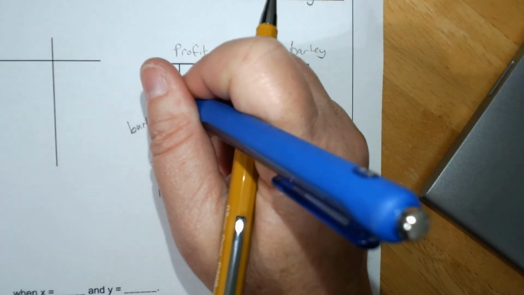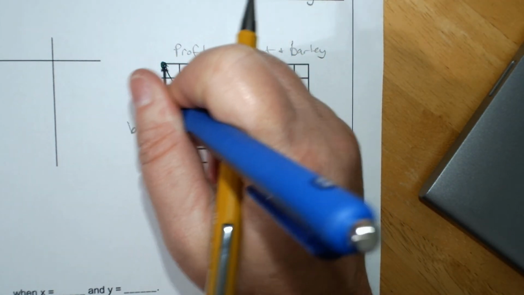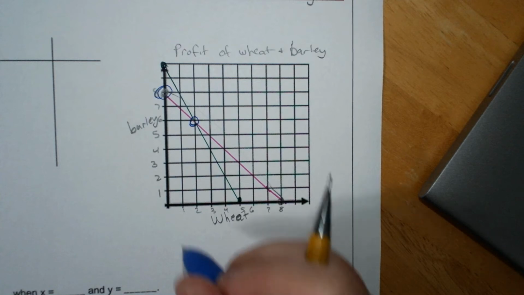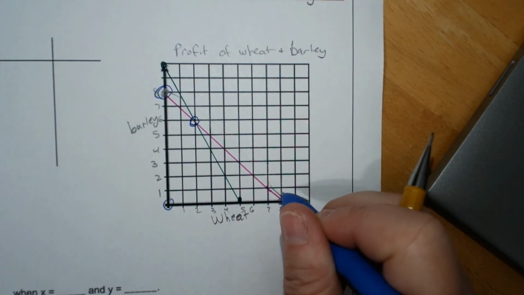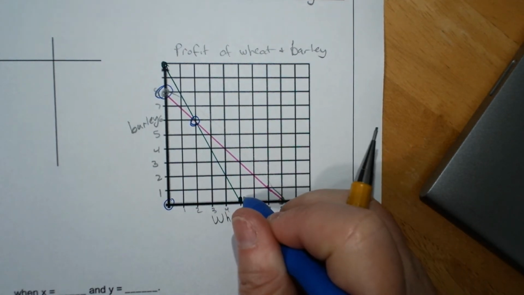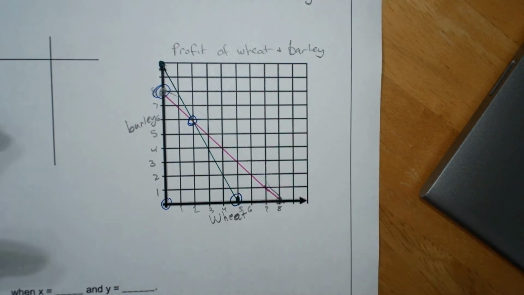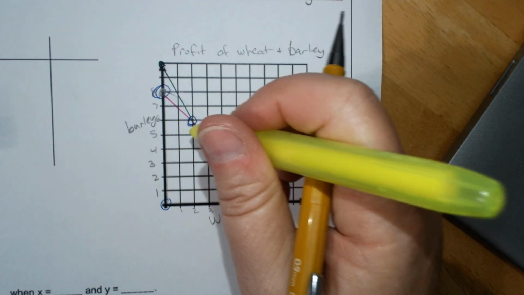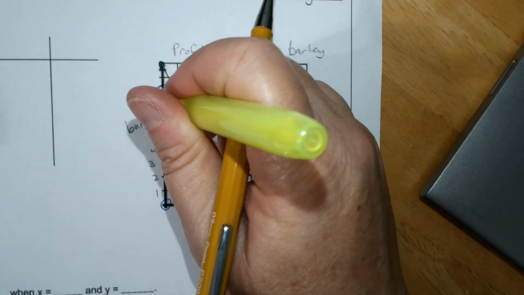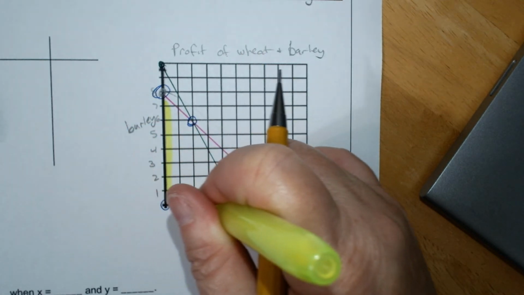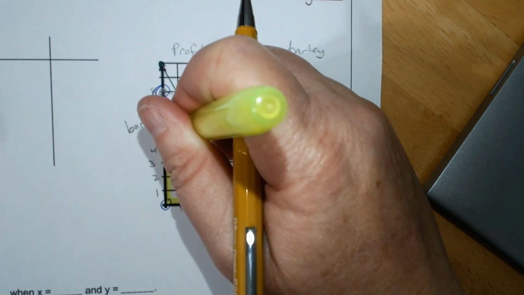I have a corner here. I have a corner here. And I have a corner here, because the intersection of these is this area right here.